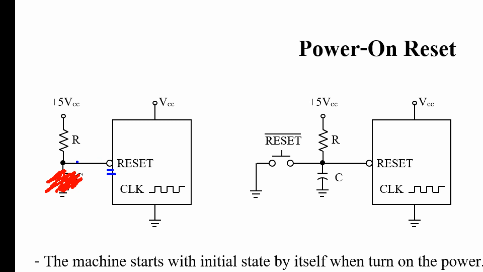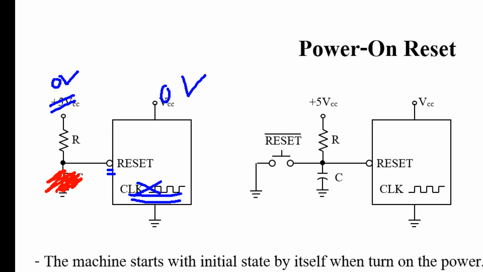Namely, if you want the state machine reset, it needs logic low at here, 0 at here. At the beginning, if we start from no power supply applied to the circuit, it is 0 volt at here, all is 0, and the clock circuit also needs power supply. If no power supply, that means no clock at the beginning.